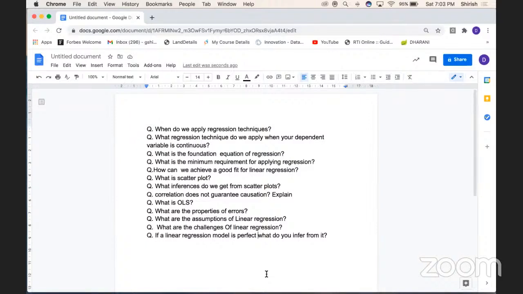Whenever you feel that it's a perfect model, what happens if the train error is 0? So the test error depends on test data.